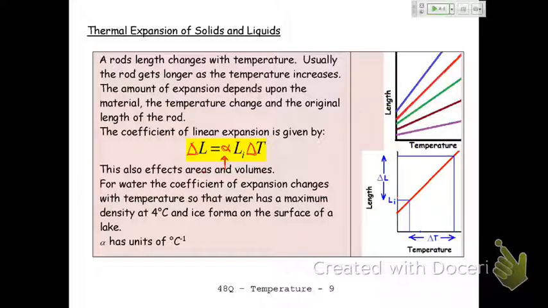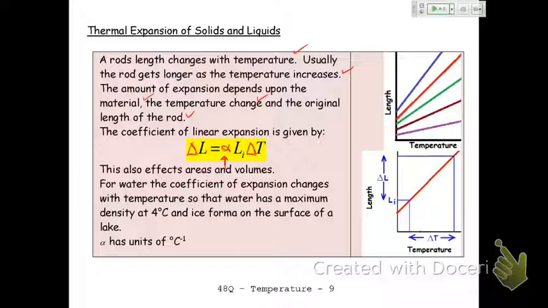What we say is a rod's length changes with temperature. Usually the rod gets longer as the temperature increases. The amount of expansion depends upon the material, the temperature change, and the original length of the rod. It's a little bit complicated. If you have a long rod, it expands more than a little rod, because there's more of it to expand.